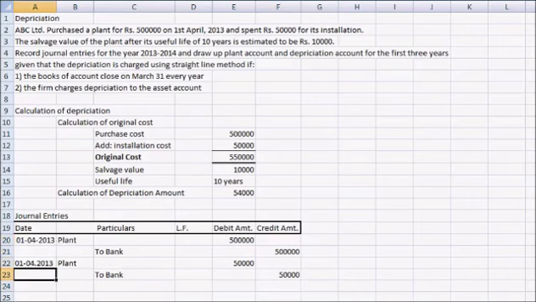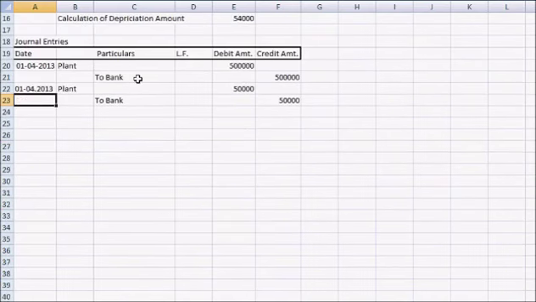For the next year we'll have depreciation. Now we'll enter the depreciation. That would be on 31st of March 2014.